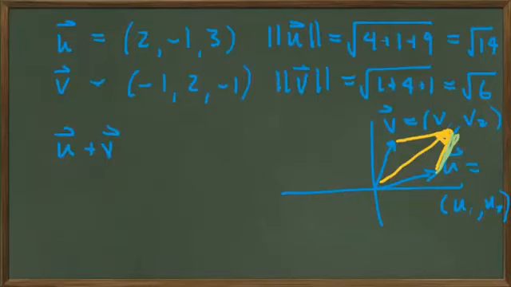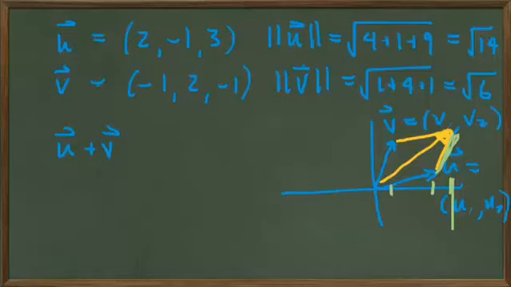Notice that if the vector u has x value here and v had its x value here, then the sum of those two x values would be u1 plus v1, which would be here, which is where we have wound up in the sum vector for the x value.